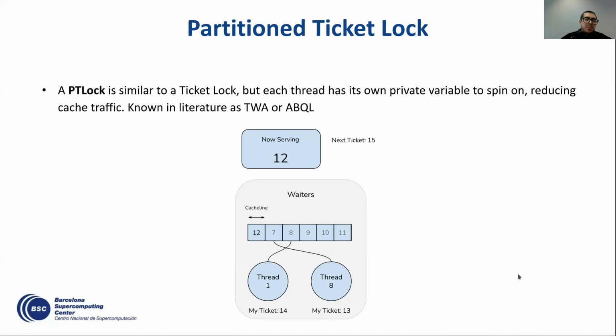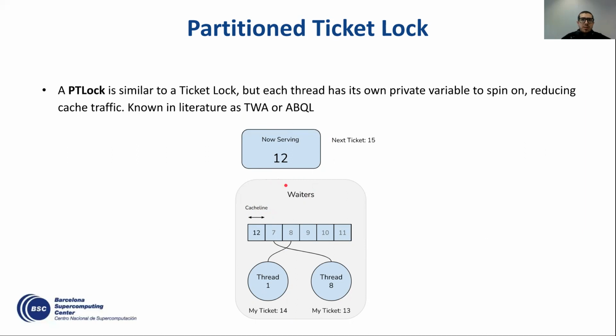To resolve the problem of causing too much cache traffic, we can use a partition ticket lock, which is an evolution, also known as an array-based queuing lock in literature, which has an array of private cache line size regions, where each waiting thread spins on this private region instead of looking at this shared variable. This minimizes the cache traffic.